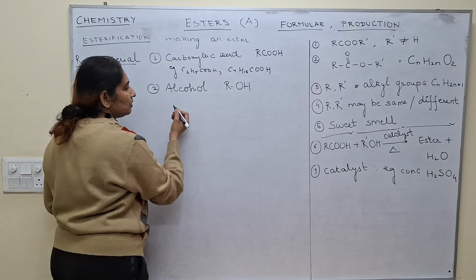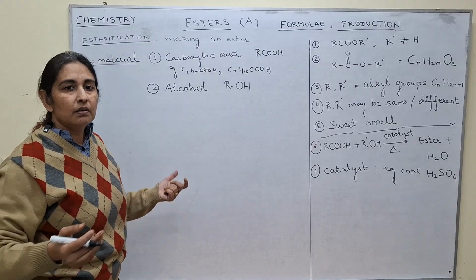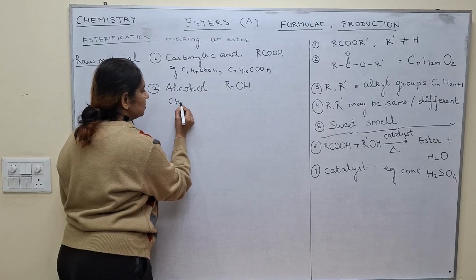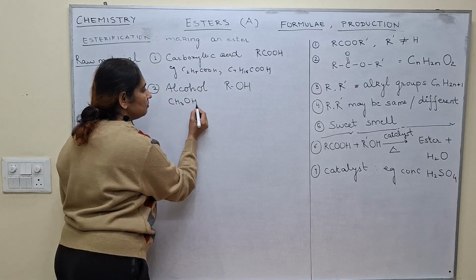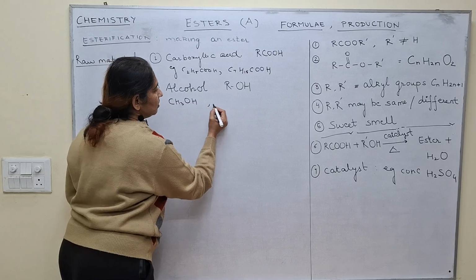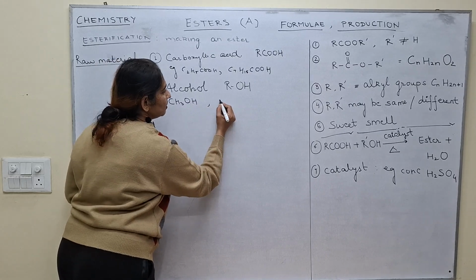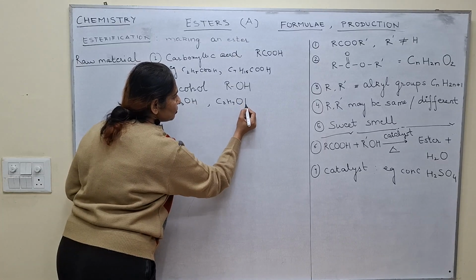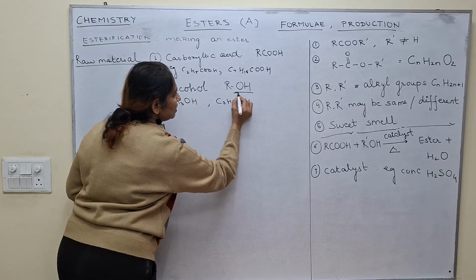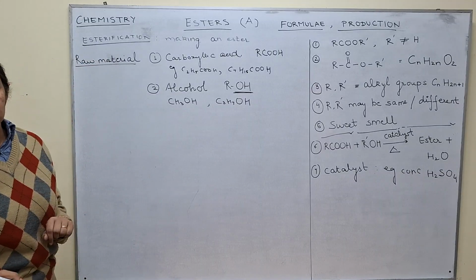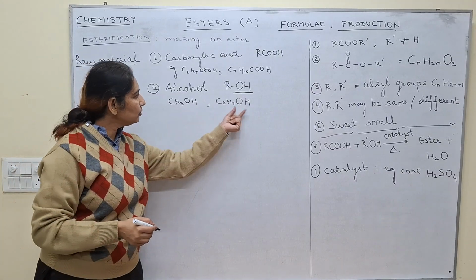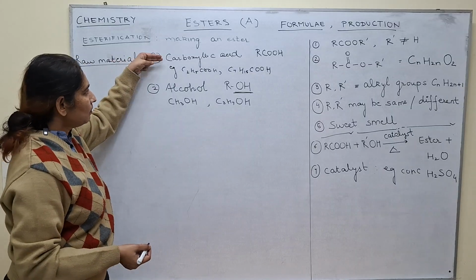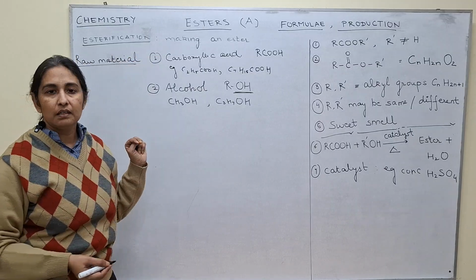Example, methanol, ethanol, propanol, butanol, anything like that. So the organic compounds which contain the OH group are called alcohols. So we need carboxylic acid and we need alcohols.